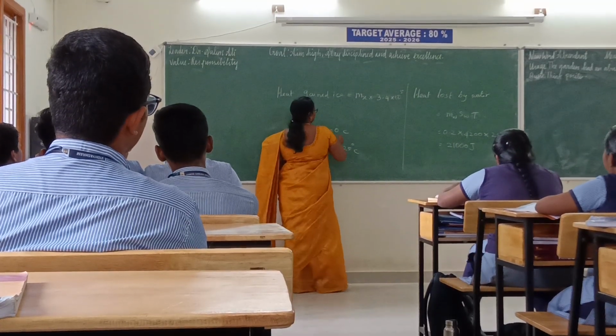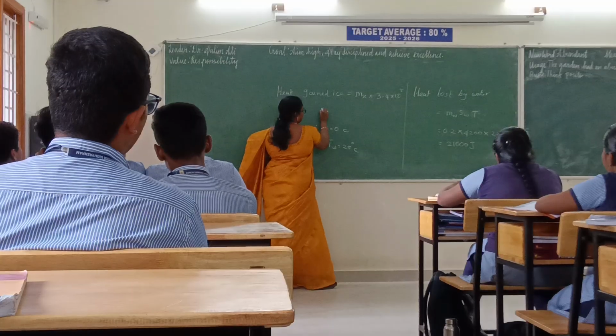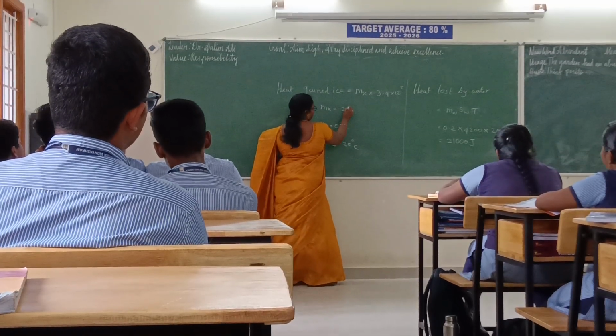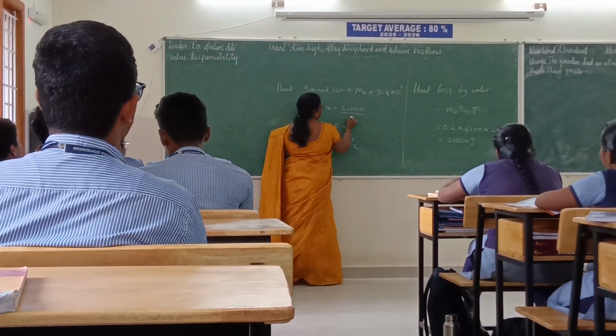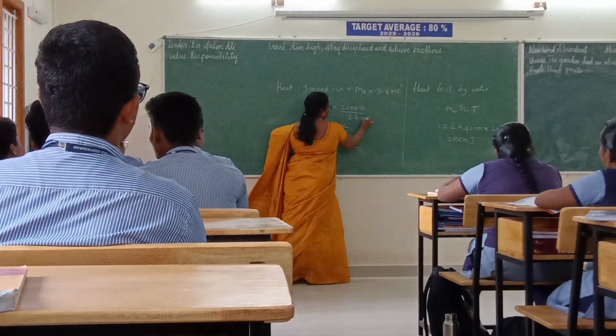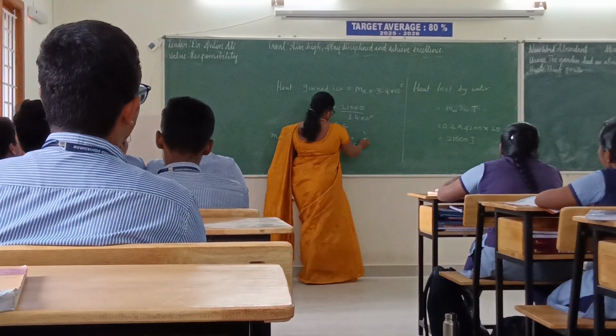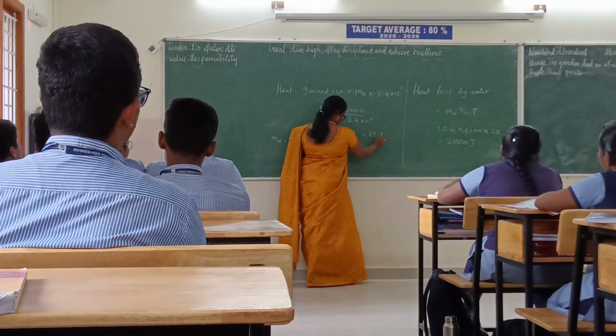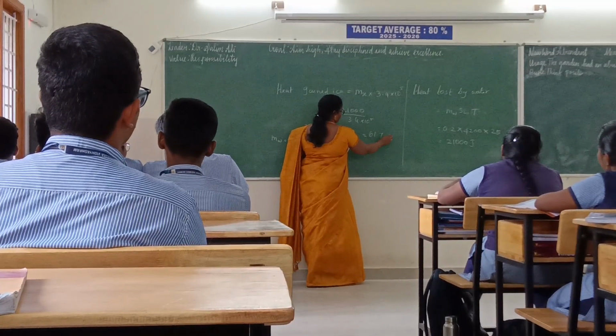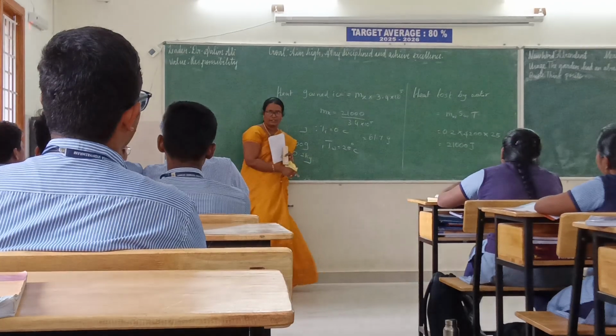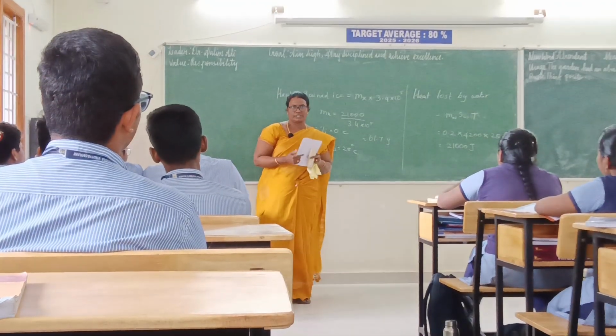So we can equate these two equations. m x is equal to 21,000 joule divided by 3.4 into 10 to the power 5. We will get nearly 61.7 gram. It will come in kilogram, so we will change it into kg.